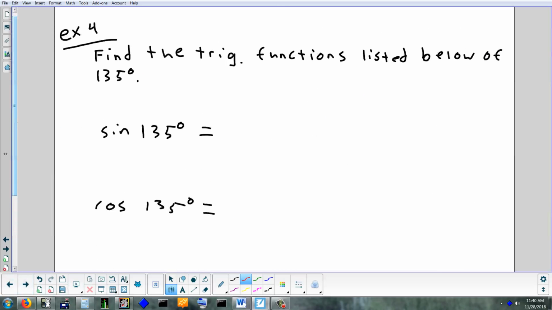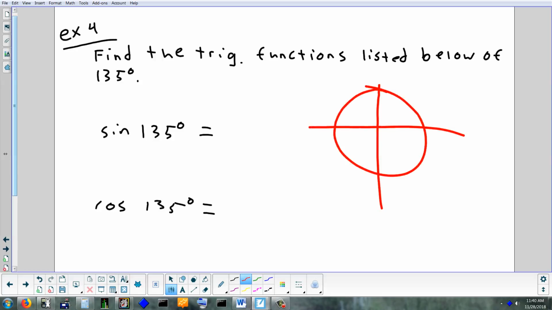It's either going to be a 45, 45, 90 triangle or a 30, 60, 90. To figure out which one it is, ask yourself if 135 is a multiple of 30 or a multiple of 45. It's a multiple of 45.